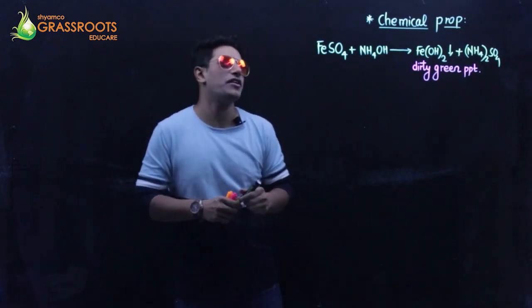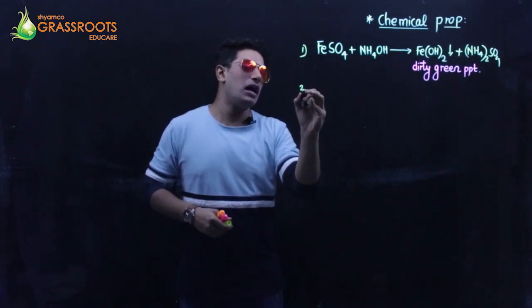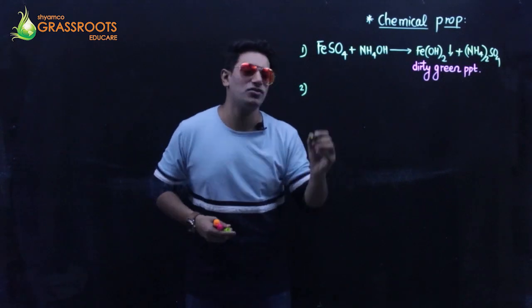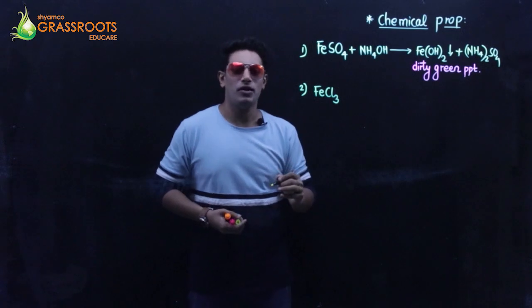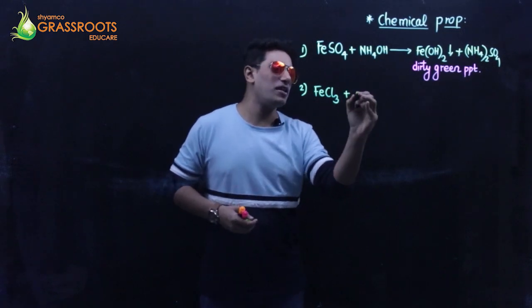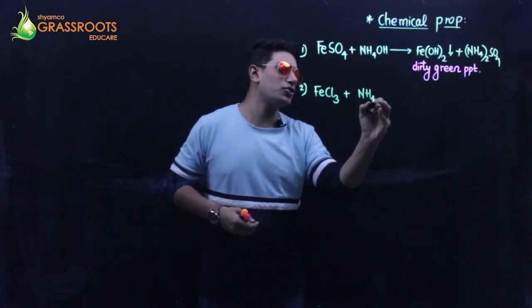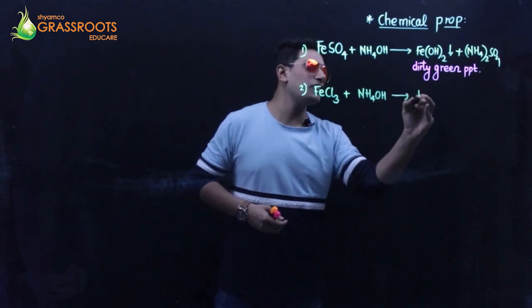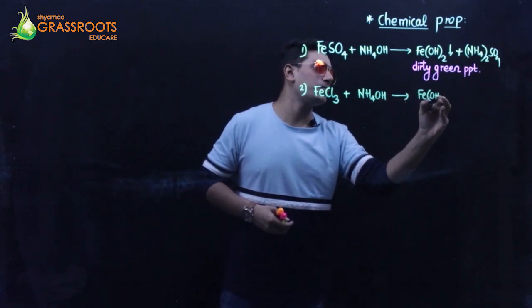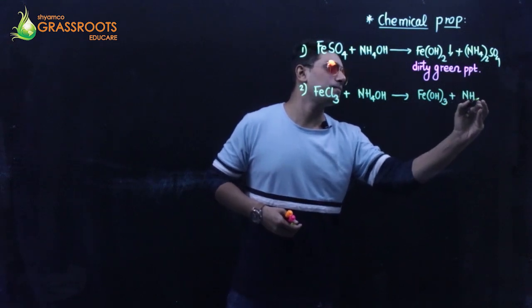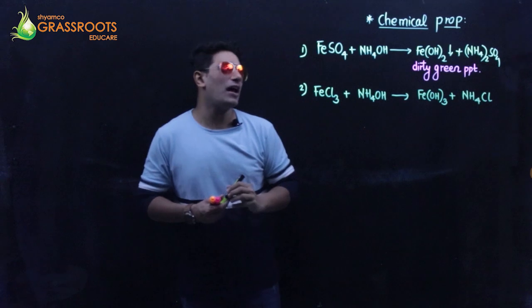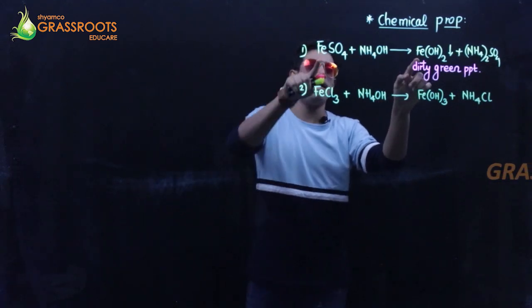We take the second reaction. Let's take a Fe3+ salt, that is FeCl3. Iron 3 chloride plus aqueous ammonia NH4OH. It gives me Fe(OH)3 plus NH4Cl. I think it's already balanced.